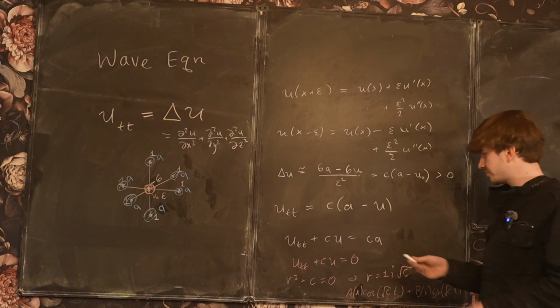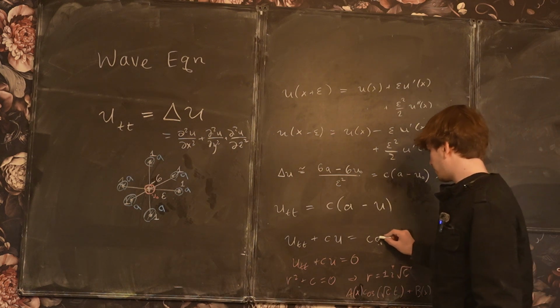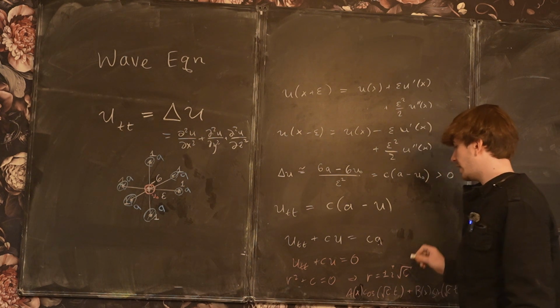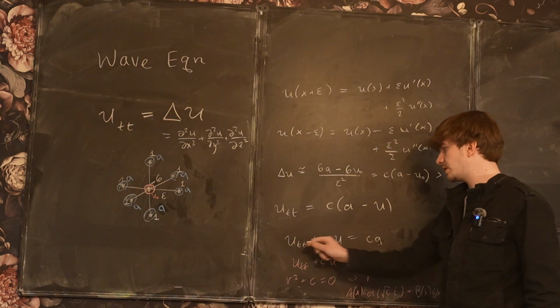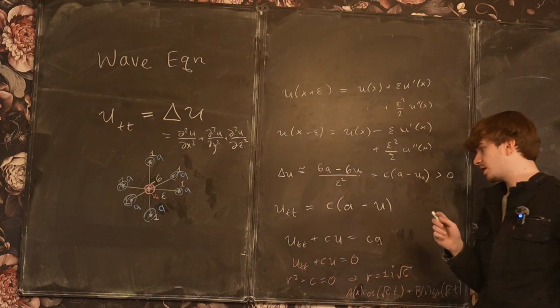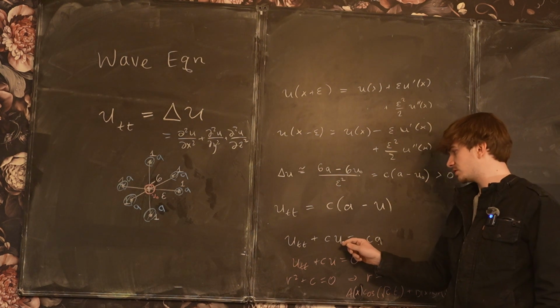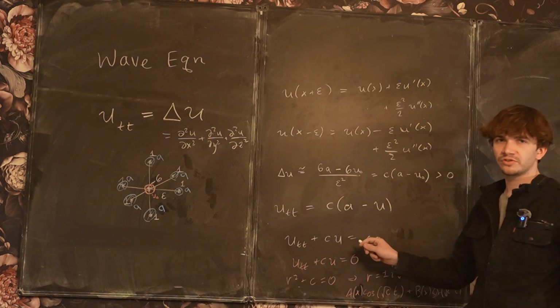And then for the particular solution, we want to assume that our function has the form of a constant. We see immediately that if our function is a constant in time, then this equation is immediately solved by setting u equal to a.